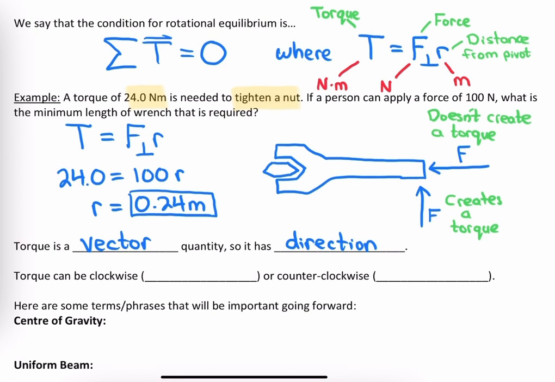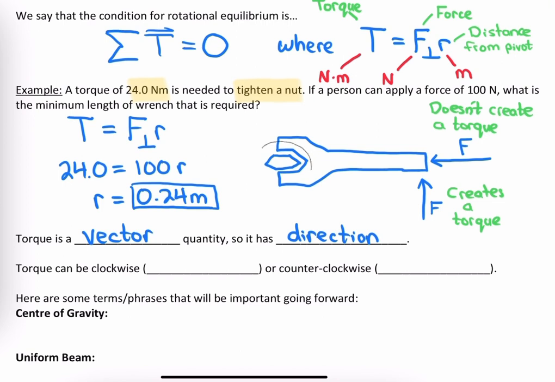I'm probably going to want to twist the nut this way in order to tighten it. If I twisted the other way, even if I used 24 Newton meters, I would be unsuccessful in tightening the nut. So the direction of a torque can be clockwise or counterclockwise.